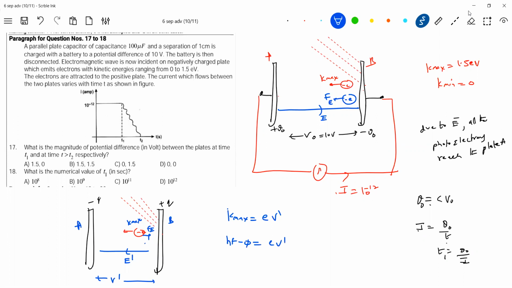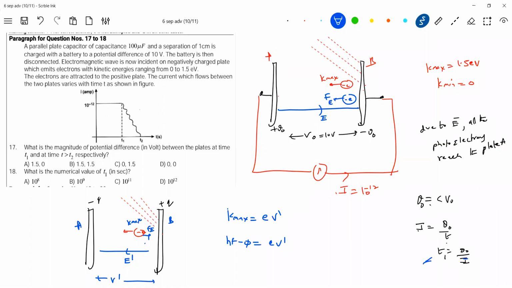So now, what is the magnitude of the potential difference between the plates at time T1 and at time T greater than T2? I think we can work out from this. The numerical value of T1 is this one initially. From here, you have to bring it. Now, what is the potential difference at T1?